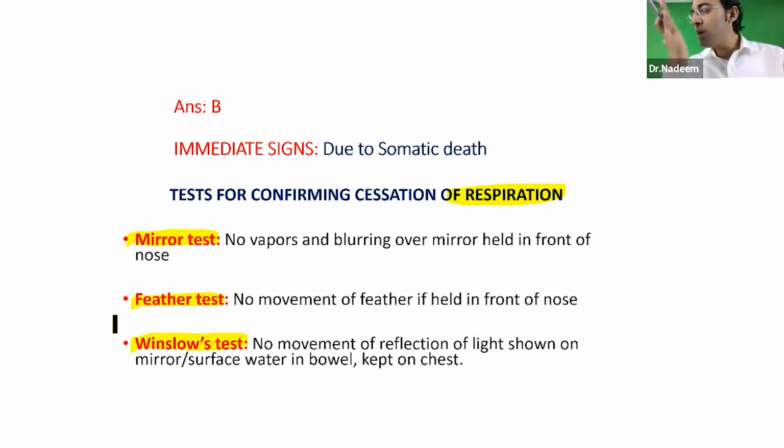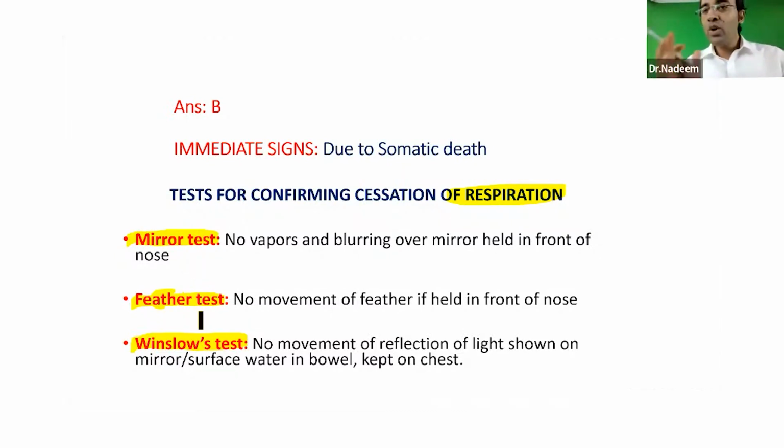Whenever we keep a mirror, obviously you can see some vapor over the mirror, a blurring. If you do not see it, there is no respiration, and the person is dead. Feather test: if you keep a feather in front of the nose, obviously you can see some movement. If there is movement, the person is alive, breathing in and out. If there is no movement, gone.